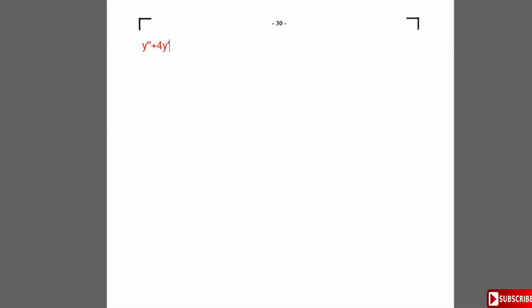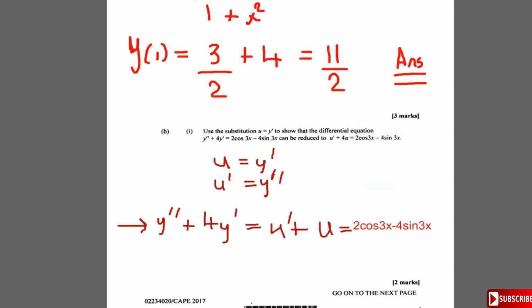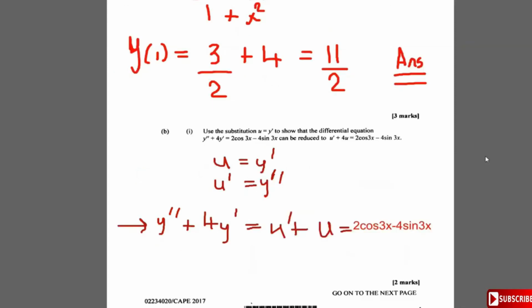Let me check back. Plus 4y prime. So y double prime plus 4y prime is equal to 2 cos 3x minus 4 sine 3x. Let's check back again. Minus 4 sine 3x, good.